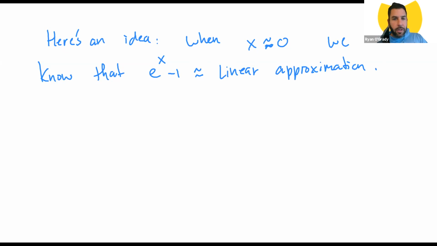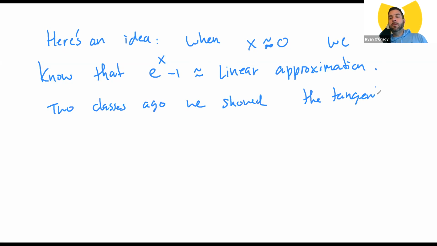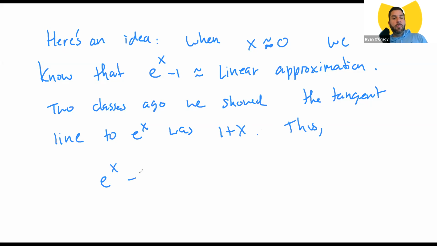This is from the linear approximation material we did before. Two classes ago, we showed the tangent line to e^x was 1 plus x. Thus, we can say e^x - 1 is approximately 1 plus x minus 1, which of course is just x.